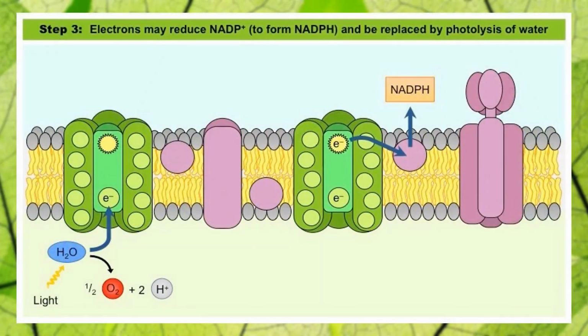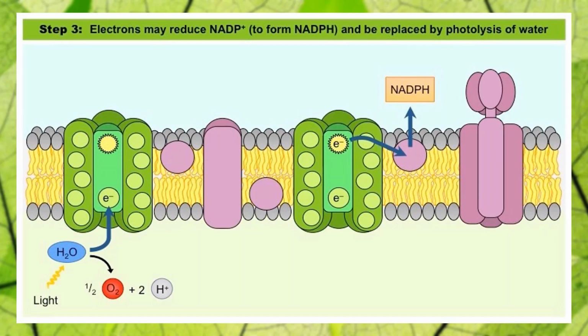Step 3. Reduction of NADP plus and the photolysis of water. Excited electrons from photosystem 1 may be transferred to a carrier molecule and used to reduce the NADP plus. This forms NADPH, which is needed for the light-independent reactions.